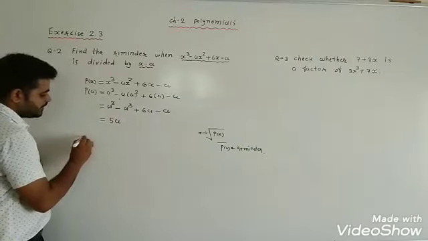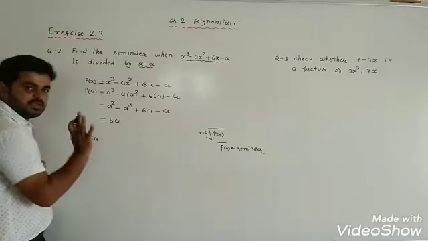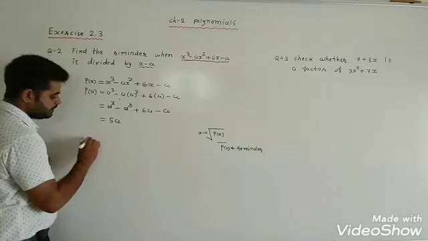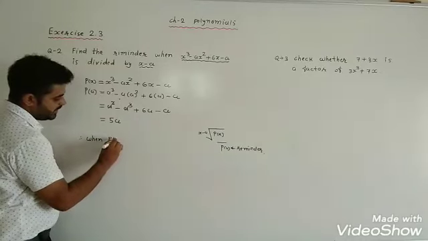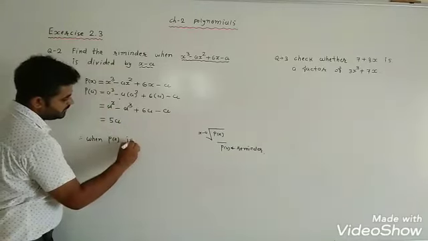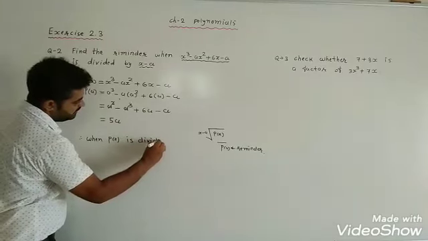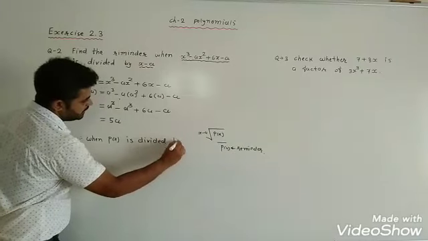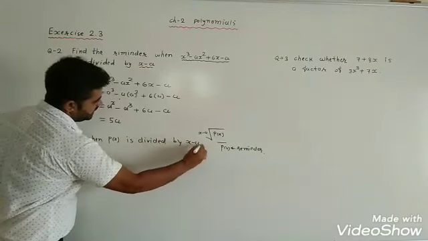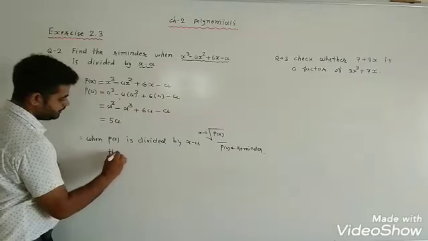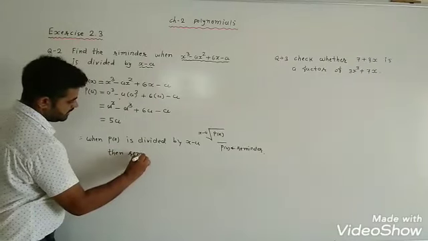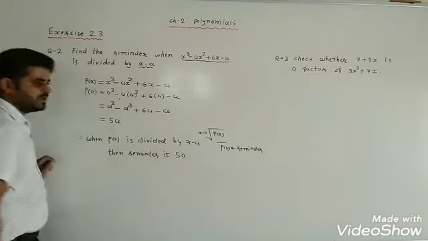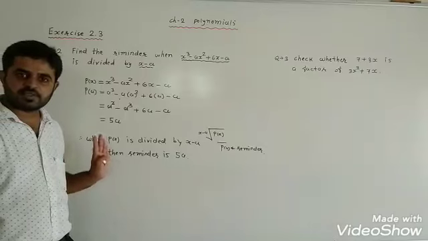So 5a is the remainder when the polynomial p of x is divided by x minus a. Any doubt in this question?